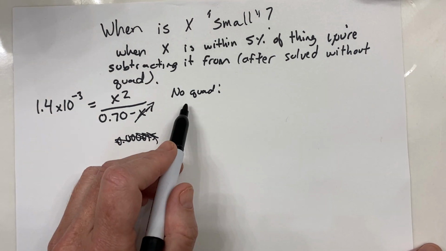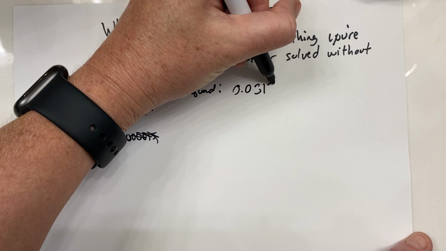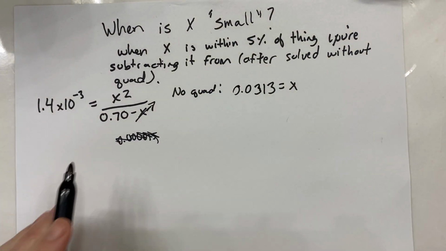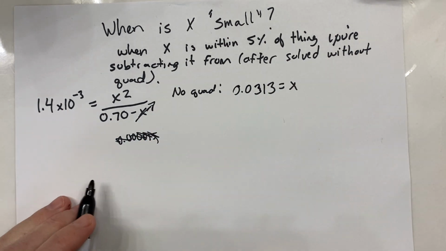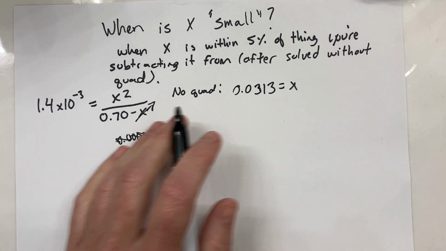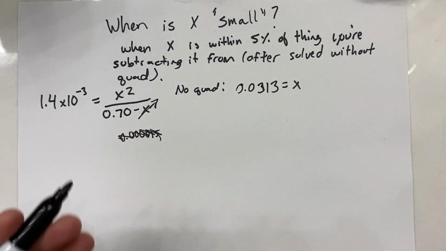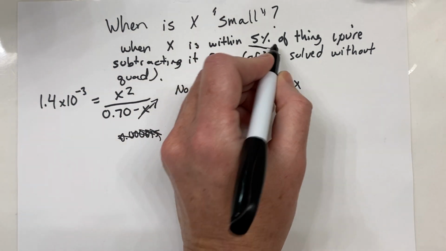All right, so no quadratic, we end up with an answer of 0.0313 equals x. So we assume that this is 0, we solve it, and we get that this is our answer. Well, the way you check to see if it's small is compare this number to this number. Was it really small? Was it really negligible? And we want to make sure that it's within 5%.